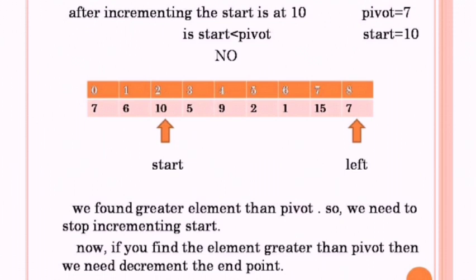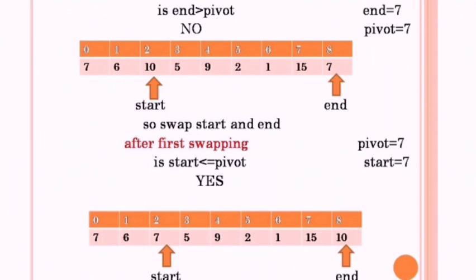Now we need to decrement the end. Here I have written left, it is the end point. Now here the end point is 7 and pivot is 7. Is end greater than pivot? No, the condition is false.